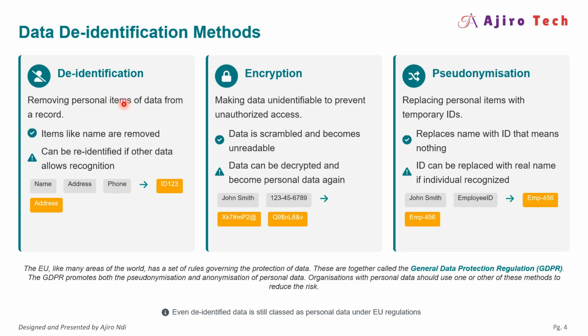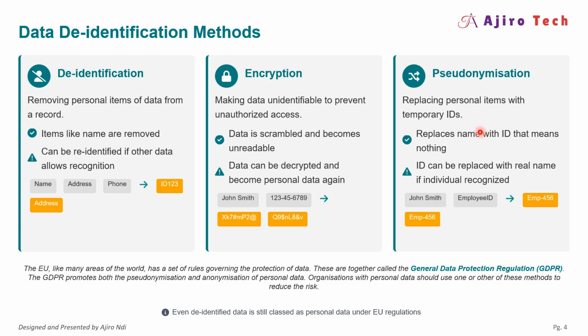That is for de-identification. I explained that if this is the person's information, we could remove this and replace it with something like maybe an ID and address. It is different from pseudonymization, because in pseudonymization, we are replacing the name with an ID.